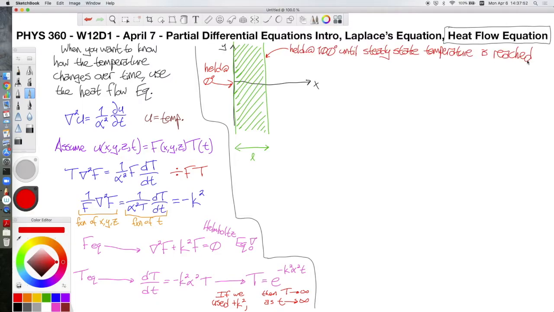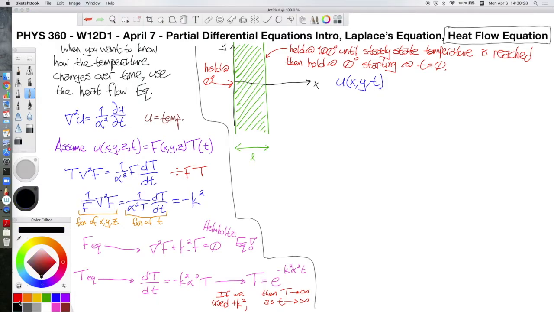And then we're going to switch to holding the right side at 0 degrees, starting at time t equals 0. And what we want to know is we want to find the temperature in this slab at any given x value and any given y value at any given value of time. That's what we're trying to find here.